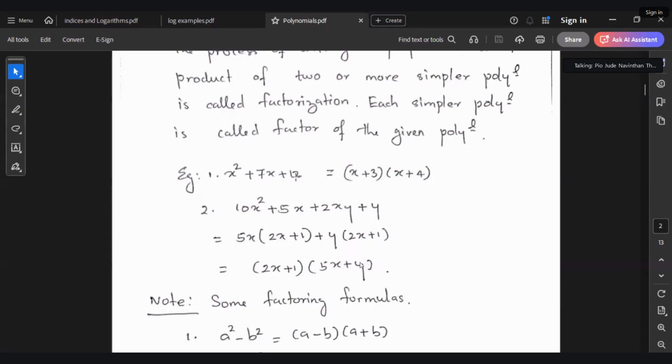So here they are saying, okay, x plus 3, very simple one, degree 1, and another degree 1 polynomial. If we multiply these two, we get a polynomial of order 2, a quadratic. How we find that one, we will do later.